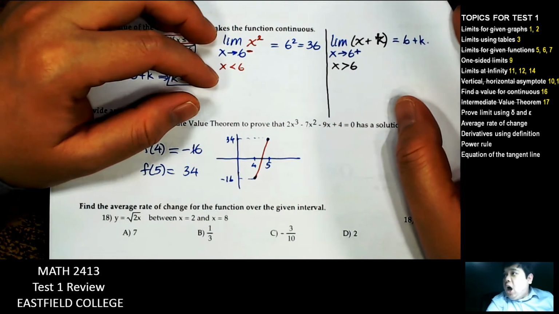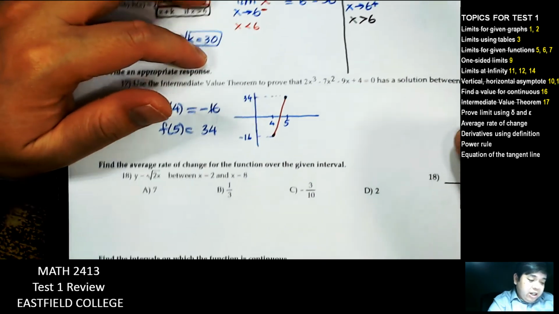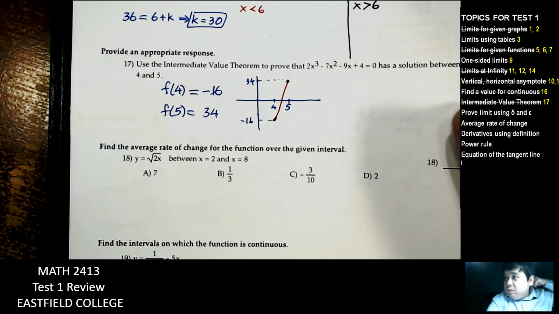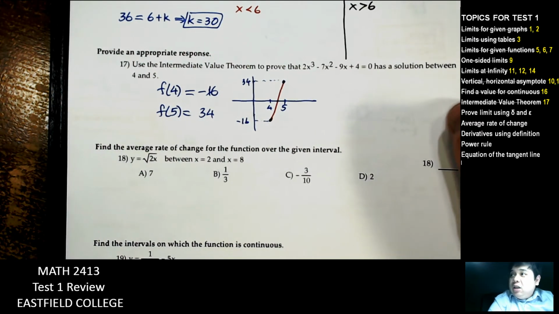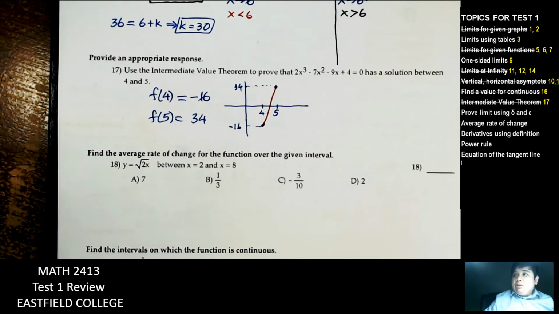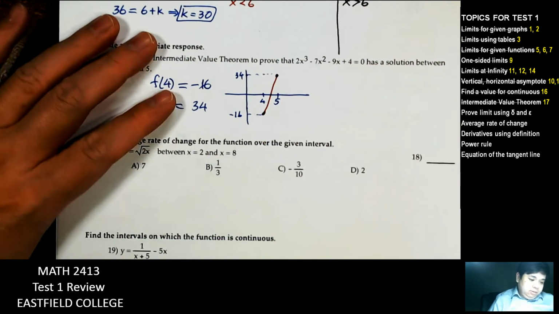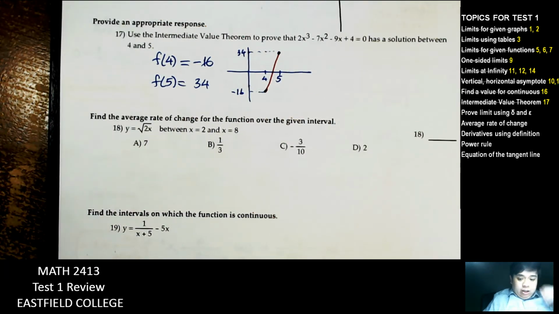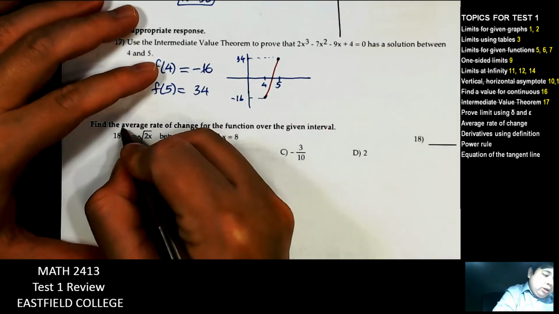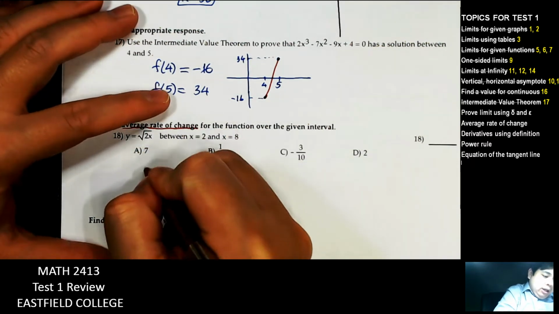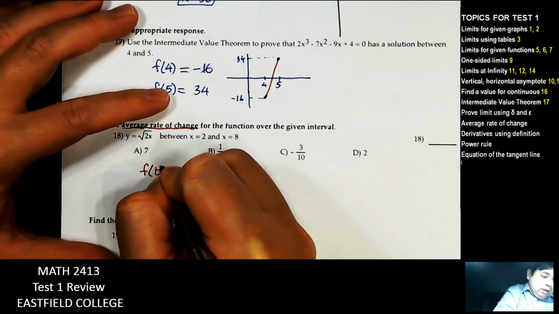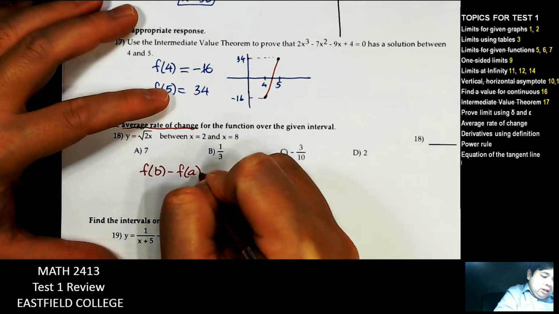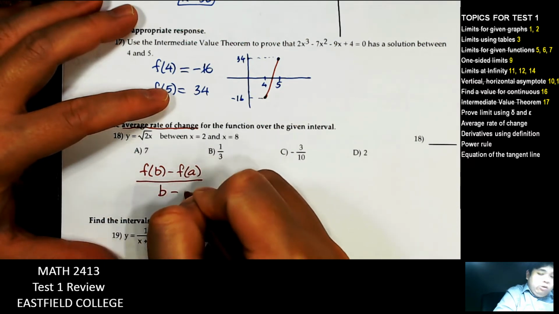We go to average rate of change first, and we'll get back to proving the limit using delta and epsilon. So average rate of change is f of b minus f of a over b minus a.